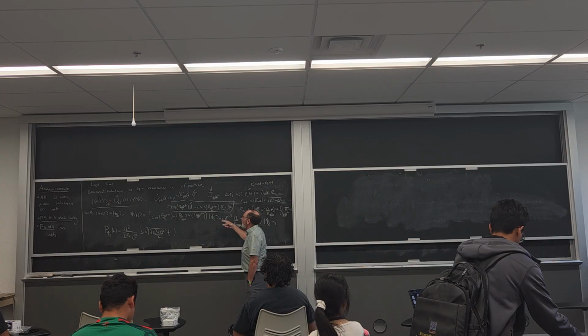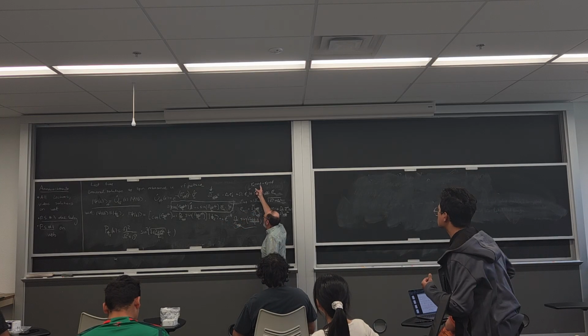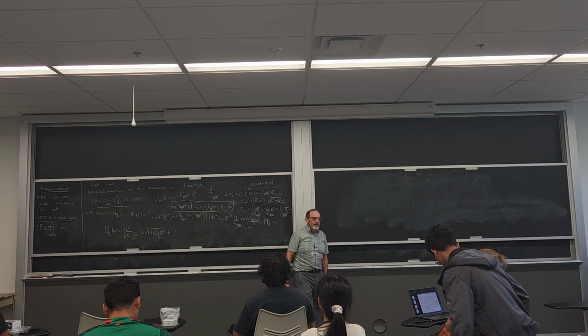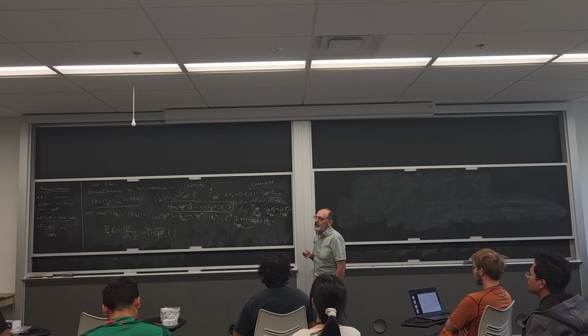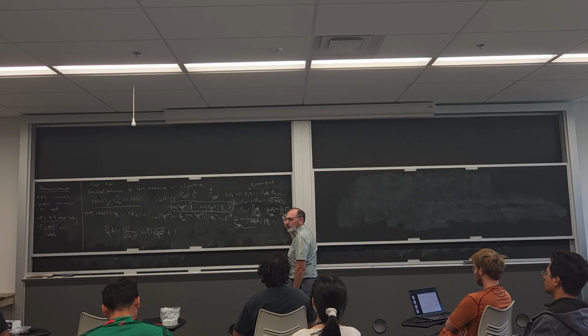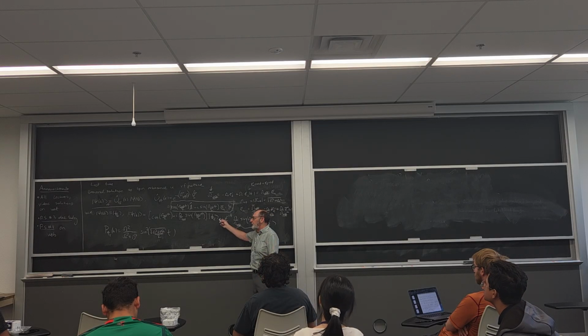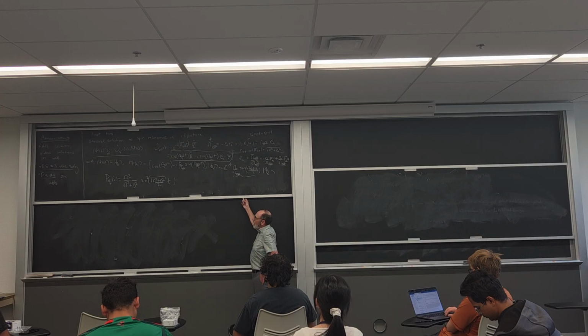Moreover, the relative phase between these components depends on the phase of the drive. We have an oscillating drive, and what its phase is at time t equals 0 determines the relative phase between these two components.